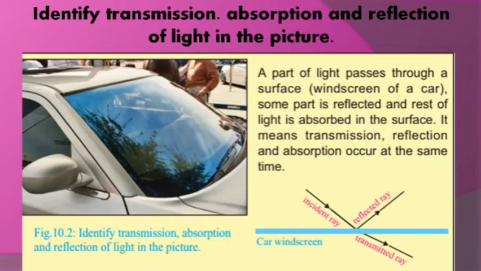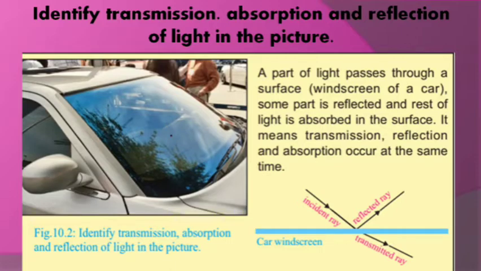So we can see the images of these trees. You can see your own image in this windscreen, because the light is reflected from here, but sometimes the light is also absorbed into the surfaces, because light can reflect and also move deep inside.